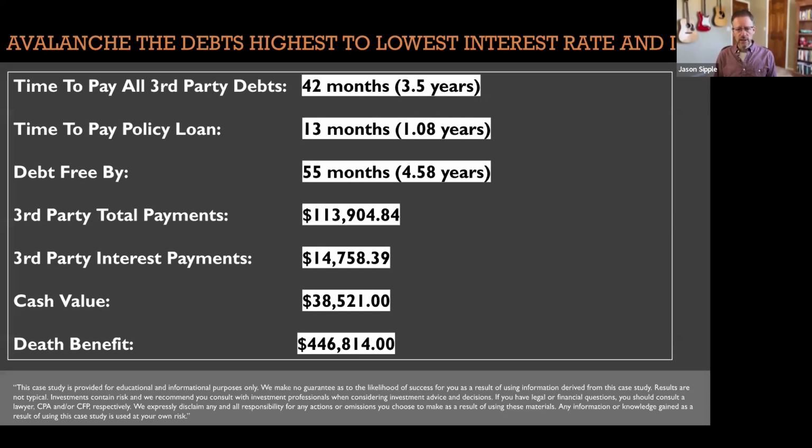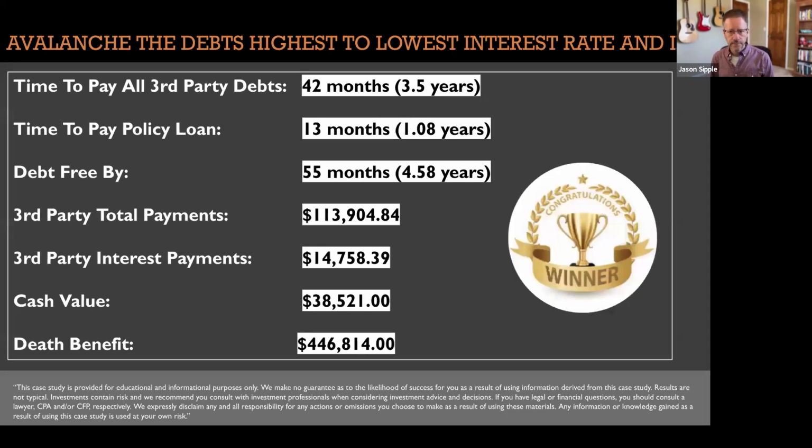So when you look at the whole picture, you've got the death benefit coming along for the ride. You've retained some cash value. Not every dollar was lost. And so that's the real benefit of using this process. So we call this the winner. This is the congratulations. This is the winning bid, as far as the one with the most benefits.